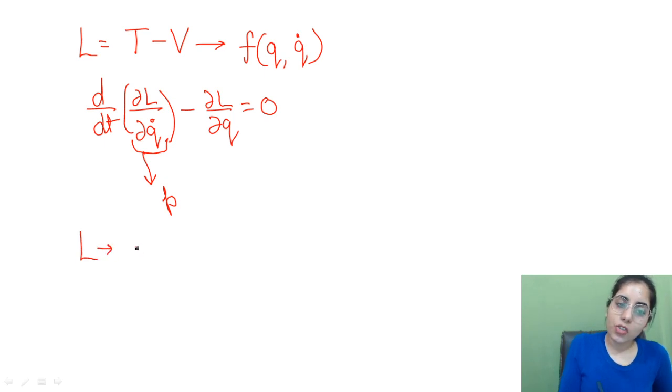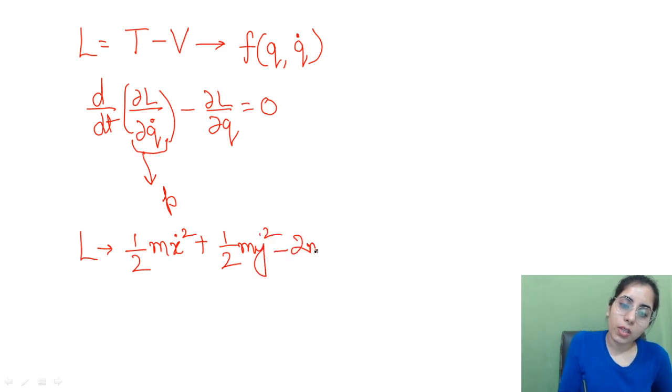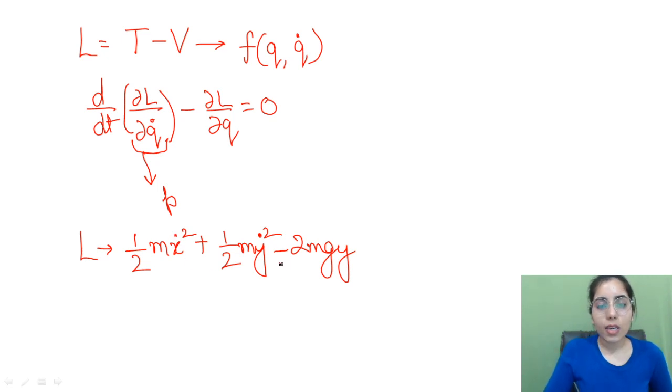In that Lagrangian, let's say I'm just going to write the expression right now. L is equal to half m x dot square plus half m y dot square minus 2mgy. The second term has y dot, and this is x dot. Now the question is, which is the cyclic coordinate? To know about it, you need to know one thing: the coordinate whose derivative is present in the Lagrangian, but the coordinate itself is not present in the Lagrangian, is the cyclic coordinate.